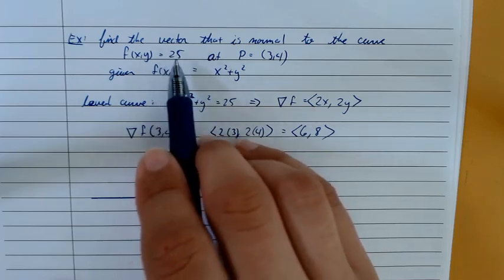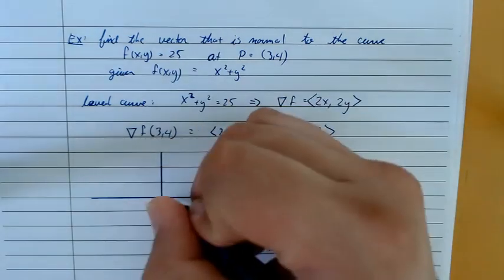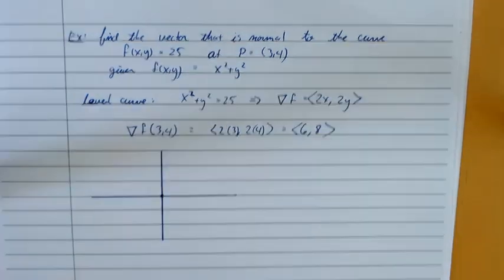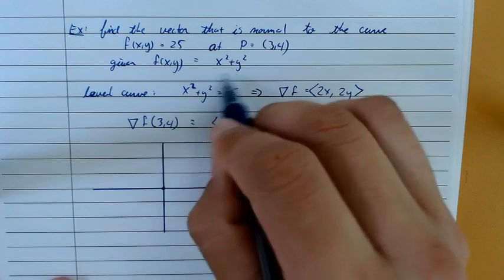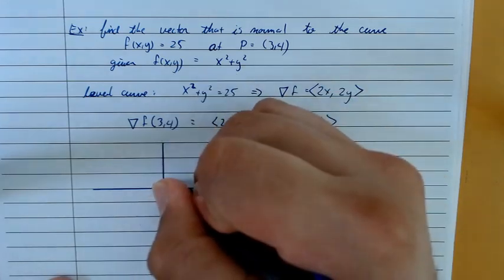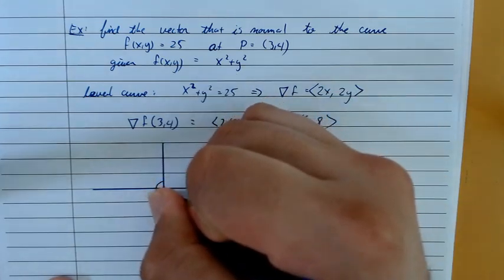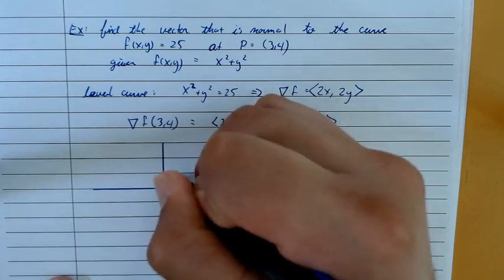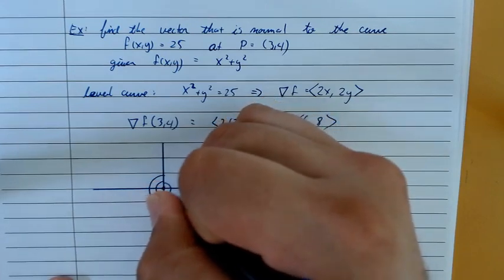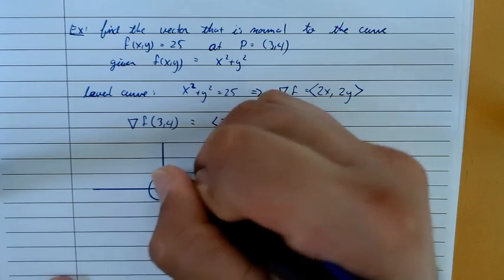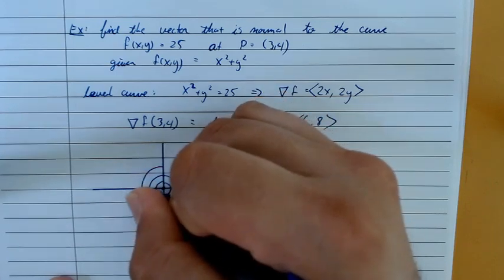The level curve at 0 is x squared plus y squared equals 0. The level curve at 1 is x squared plus y squared equals 1. So your level curves would simply be circles, all centered at the origin.